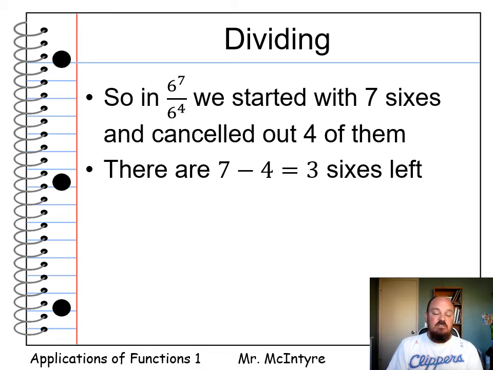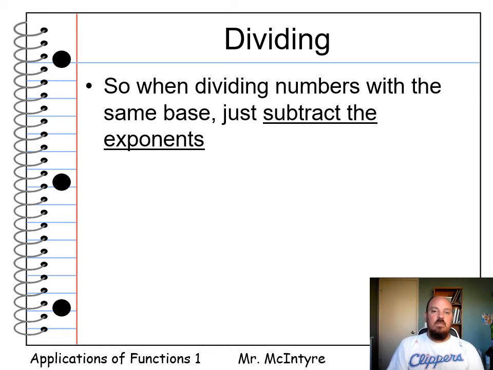If I have 7 and I get rid of 4, 7 minus 4 is 3. There are 3 left. And that's going to be our shortcut. Just like in our last video when we said when you're multiplying, you add the exponents, our shortcut for dividing is subtracting the exponents. And it makes it a very simple question.